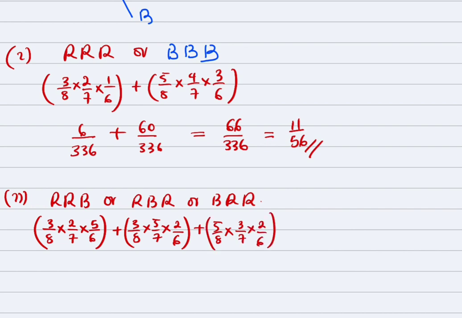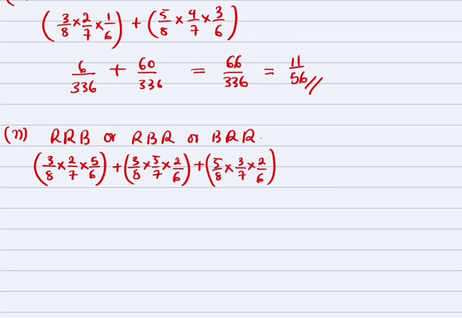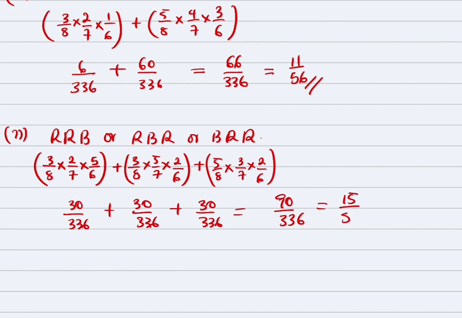Now if you can check, they are all the same thing, so you can just pick one and multiply by 3, or you can just do it simple as having this is 30 over 336 plus 30 over 336 plus 30 over 336. Now this will give us 90 over 336, which we can actually reduce to be equal to 15 over 56. So we are done with that.